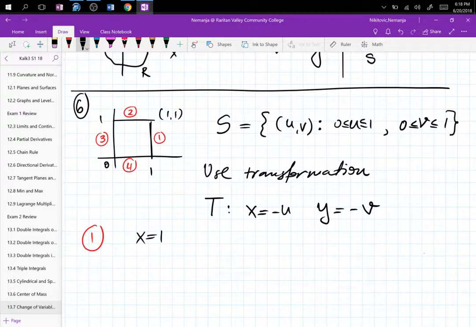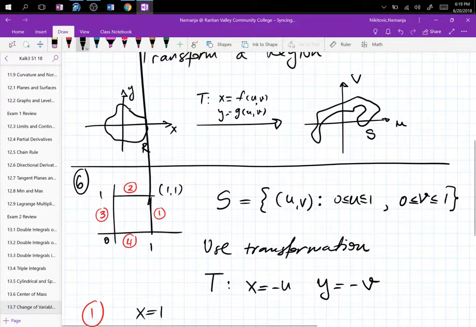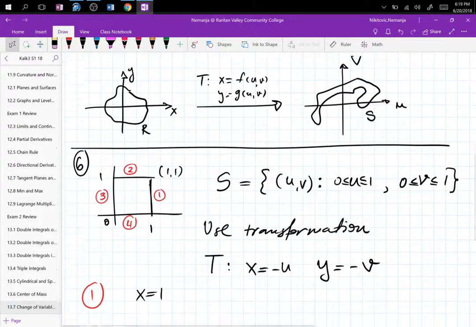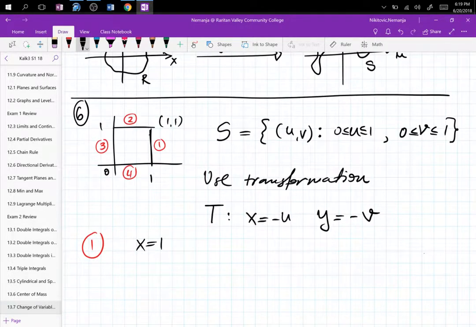But see, the problem with this x equals 1 is that it's not bounded. So this x equals 1 goes forever up and forever down. Never stops. Which is the reason why I have to have one more equation to describe this. And that equation says that y is trapped between 0 and 1.